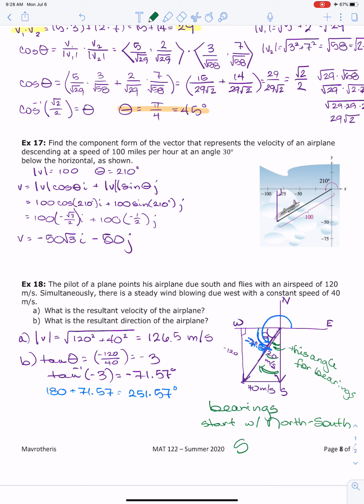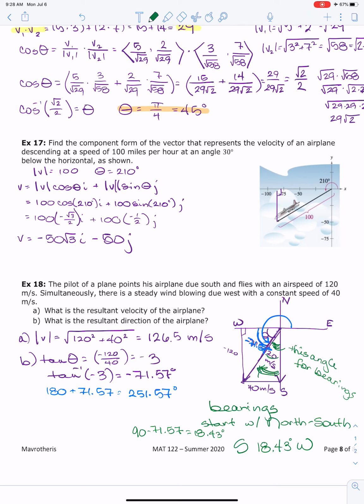You guys, that 71.57 and this other little green angle are going to be complementary, which means they have to add to 90. So to find this angle, I'm going to go 90 minus 71.57, which gives me an 18.43 degree angle. So I'm at south 18.4 degrees west, because we are going in the west direction.